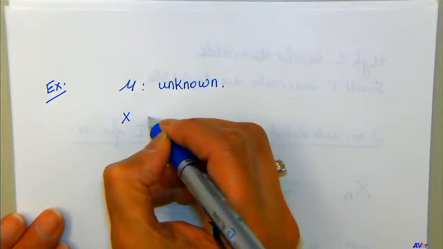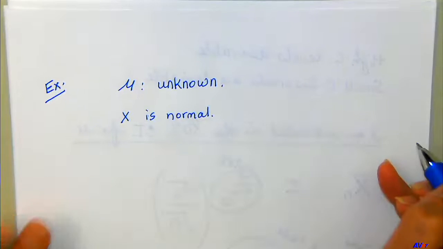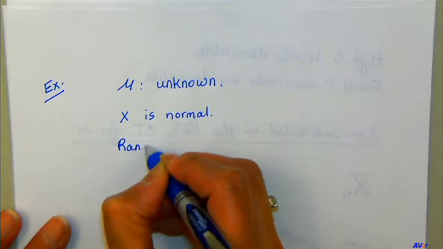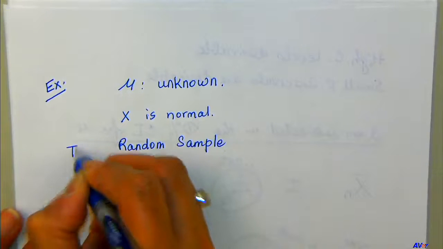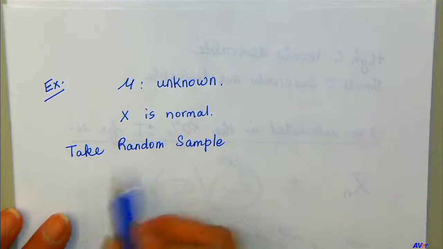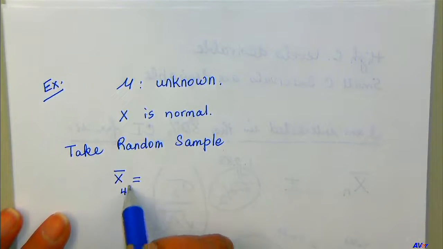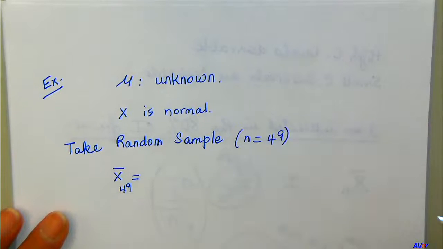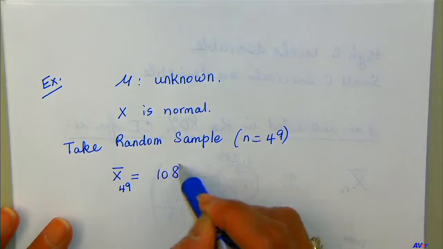But I know that x is normal. I take a random sample from x, and x bar 49, 49 is the size of the sample. N equals 49. X bar 49 turns out to be 108.